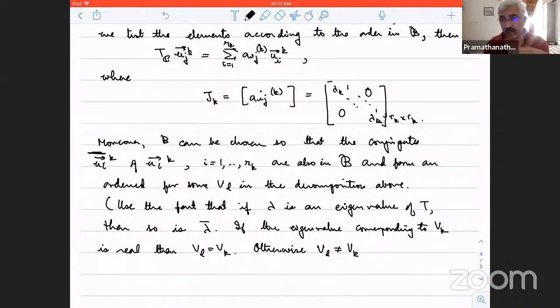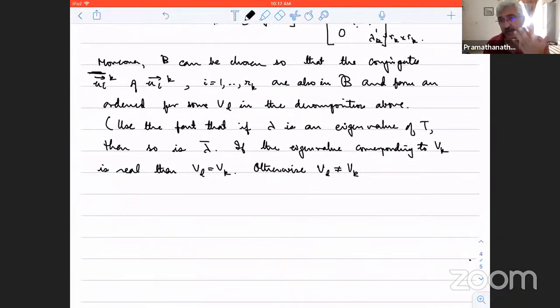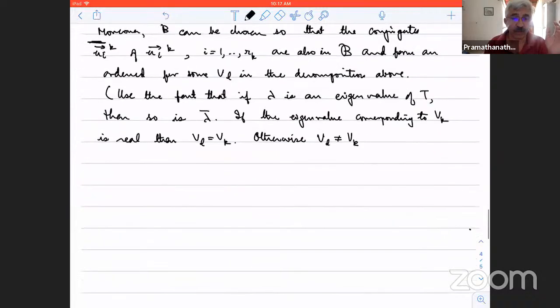You started with a VK, look at the conjugate basis, call it VL. In case the eigenvalue corresponding to VK is real, then VL is equal to VK. If it's not real, then they're different.